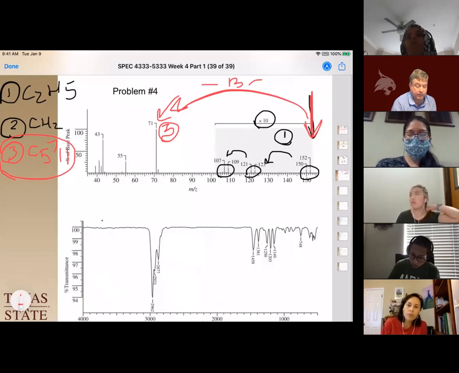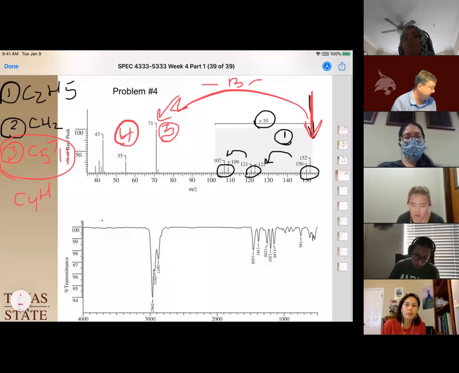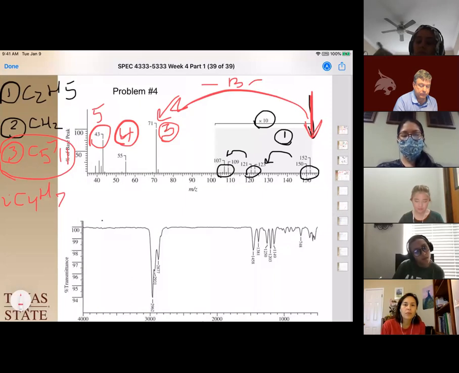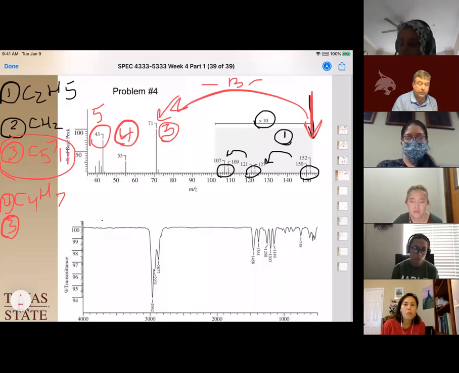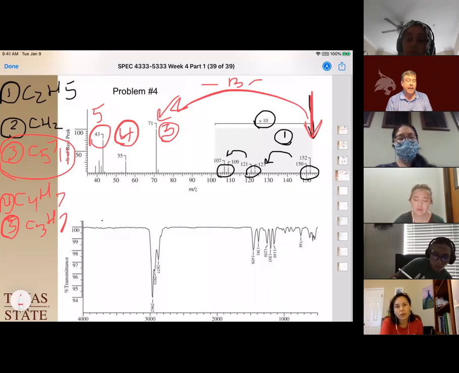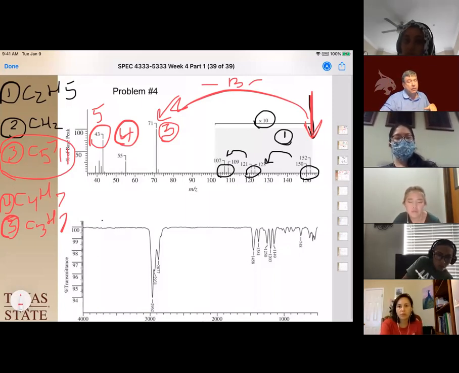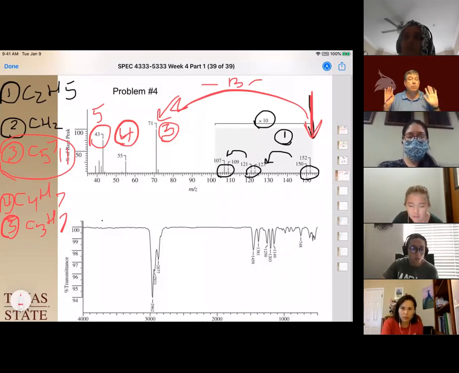It's C4H7, and our 43 is C3H7. Okay, that's fine. So we have a fragmenting chain, but it's fragmenting in a weird pattern. It's not doing 14, 14, 14, 14, although it did do a 14. So it's probably not a bromine at the end of a chain. It's probably a bromine somewhere in the middle of the chain.